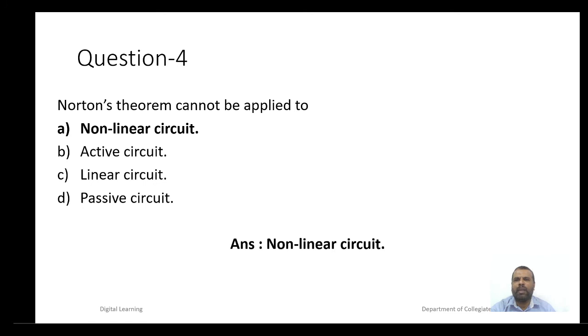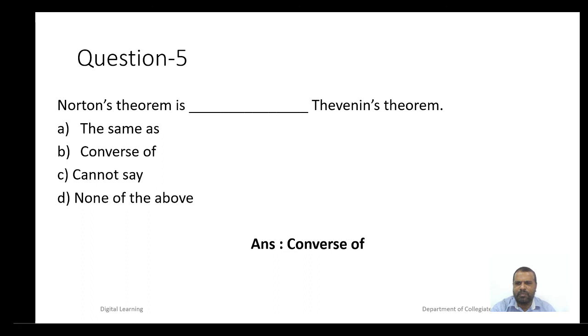Norton theorem cannot be applied to, A, non-linear circuit, B, active circuit, C, linear circuit, D, passive circuit. The correct answer is non-linear circuit. Question number 5. Norton theorem is dash Thevenin's theorem. The options are A, same as, B, converse of, C, cannot say, D, none of the above. The correct answer is converse of Thevenin's theorem.